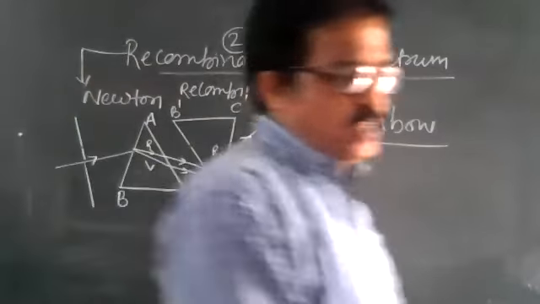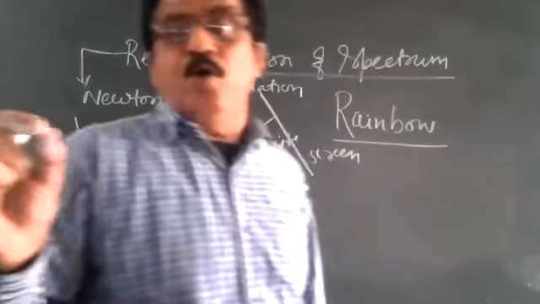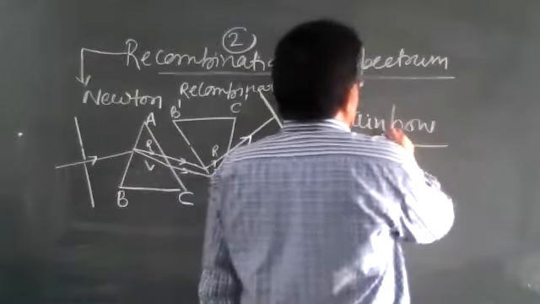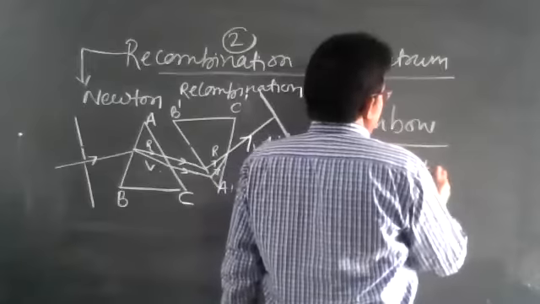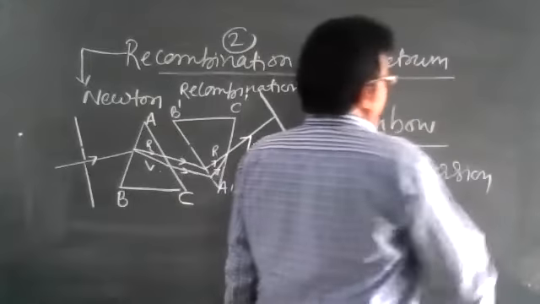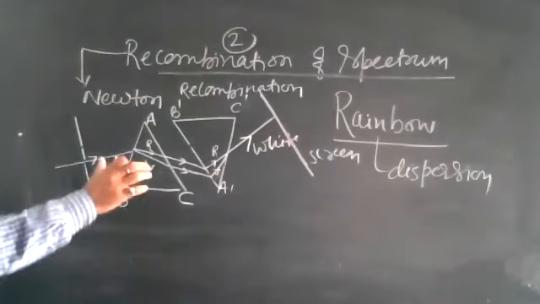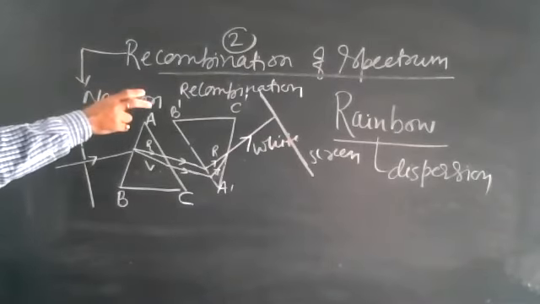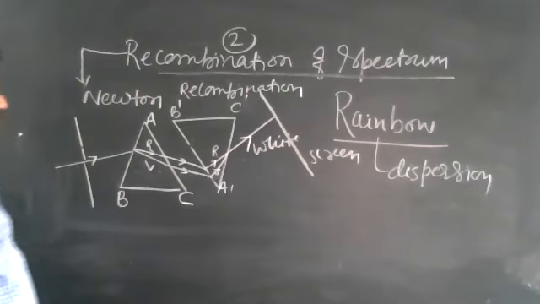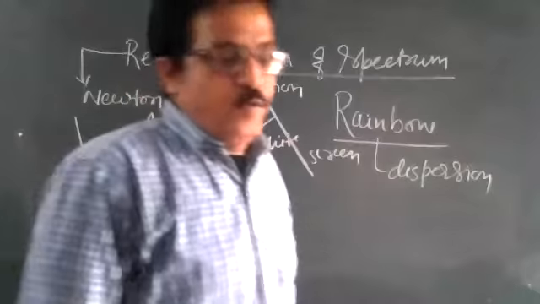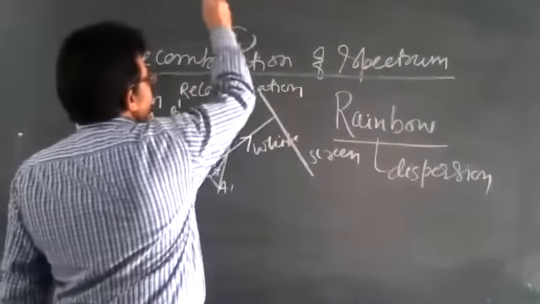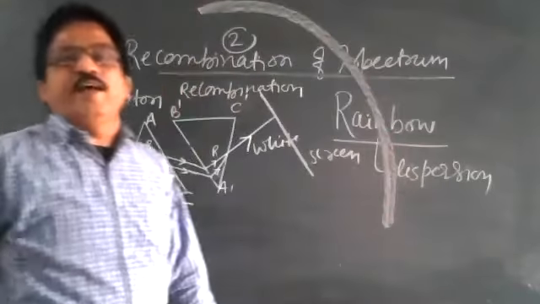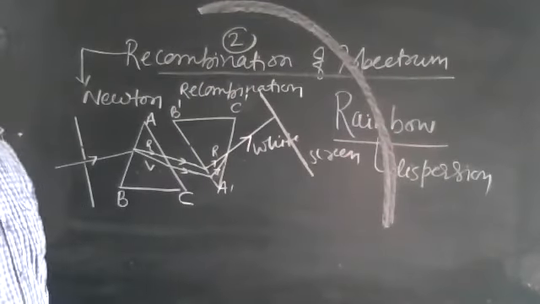We will study this later; I am telling you a little now. Rainbow occurs in the form of concentric colors in a circular sky, like this. In this manner, this is the form of a rainbow.